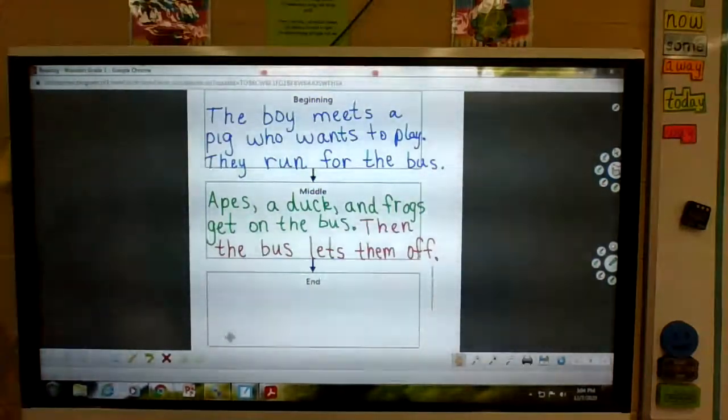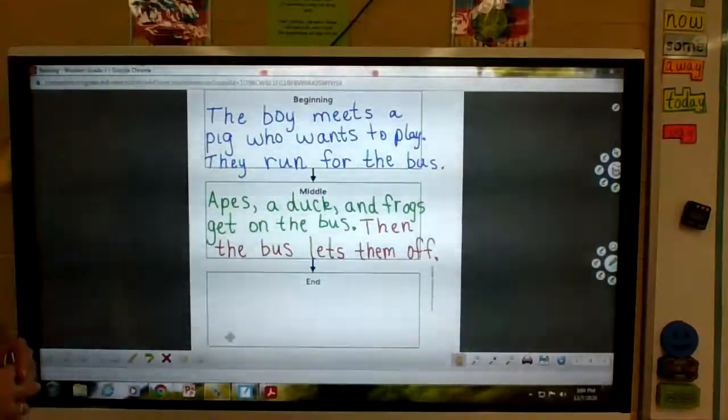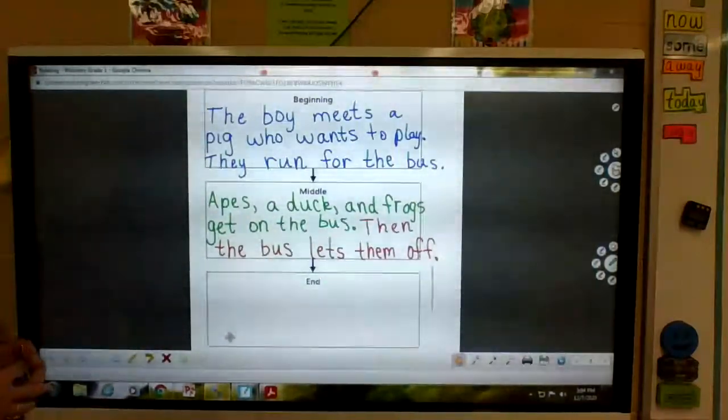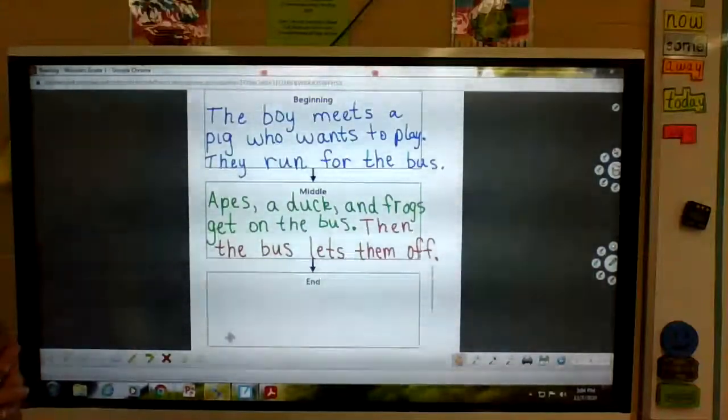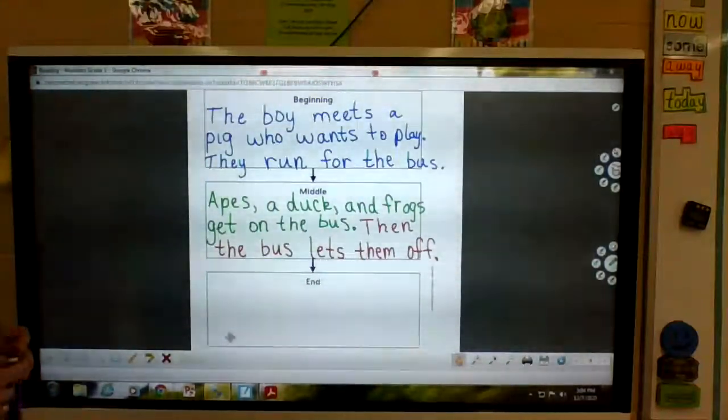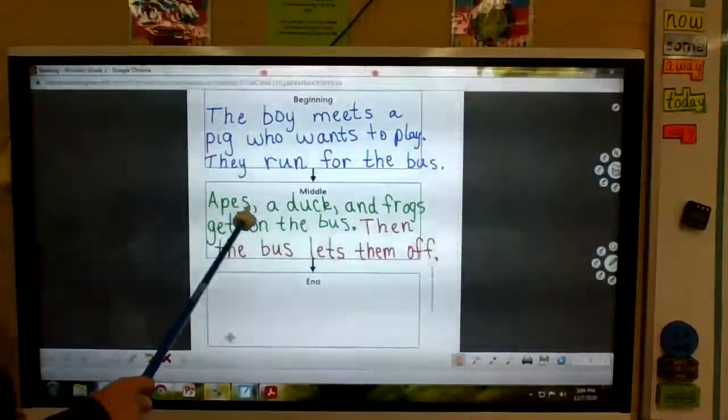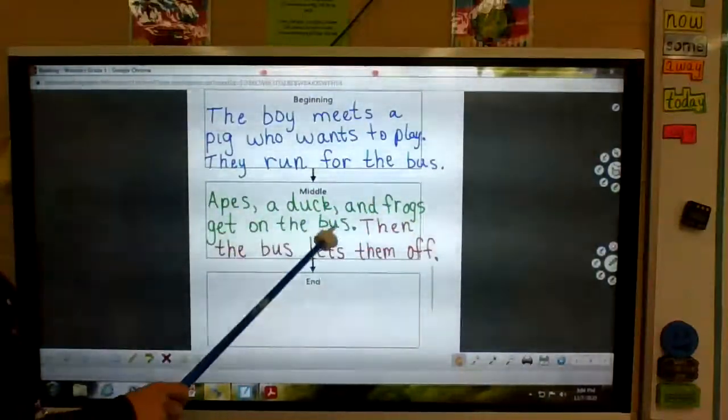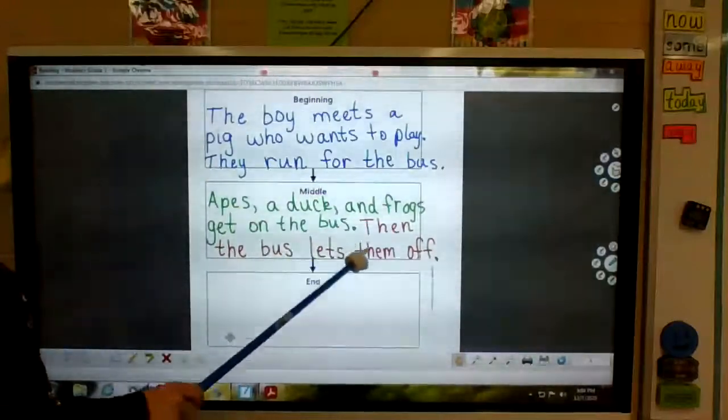It stops and lets them get off. Pause me if you need to, just finish that. Okay, so in the middle, apes, a duck, and frogs get on the bus. Then the bus lets them off.